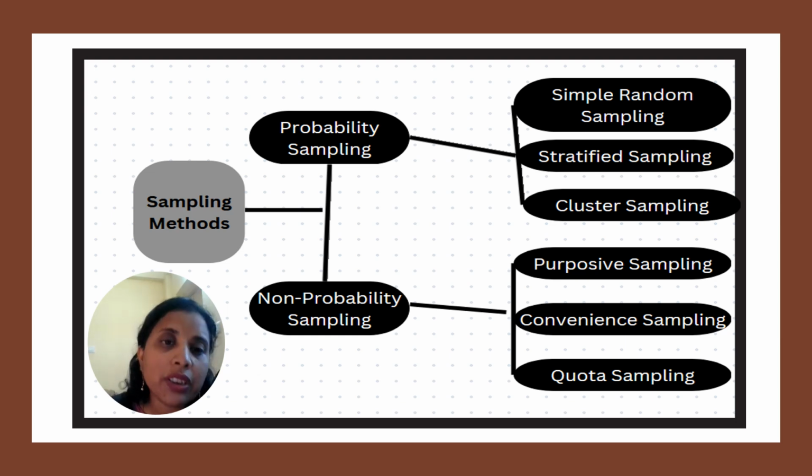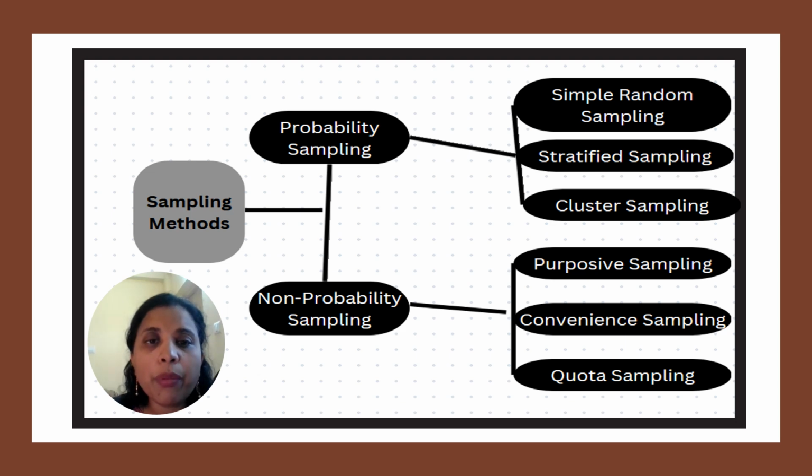Mostly, the expected norm, or if you are going for good publications of your research, you should always go for probability sampling. If you are doing some kind of qualitative study, you have very little time, and you feel non-probability sampling will give you good results, you can go for non-probability sampling.